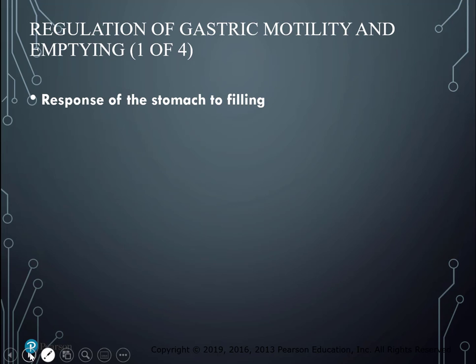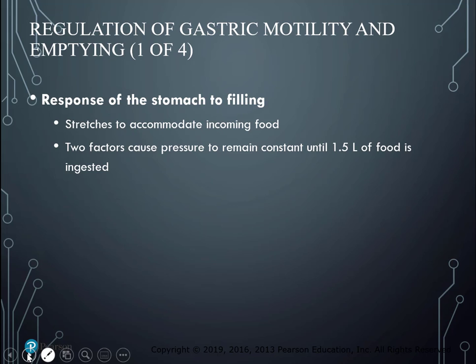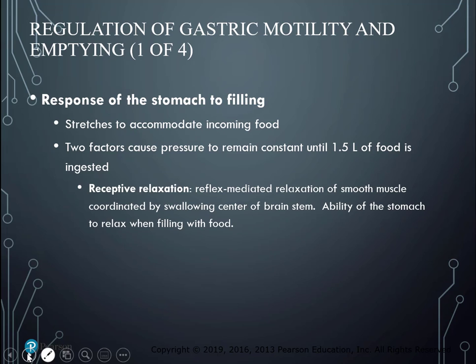So how is it regulated? What's regulating the gastric motility and emptying? Well, as a response to stomach filling, the stomach stretches out to accommodate the incoming food. And two factors will cause the pressure to remain constant until you have about 1.5 liters of food ingested.